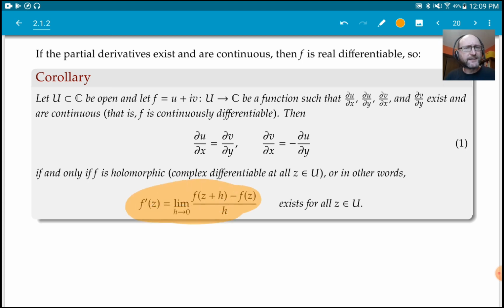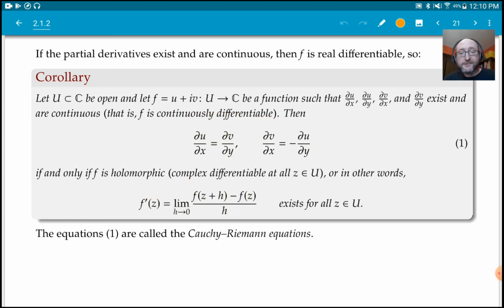It means this, which seems like a different thing that we're doing. This limit exists whenever we satisfy these equations. Now you have to check the continuity for this to work.